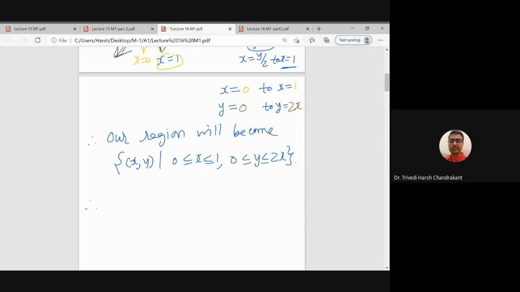So now we integrate the function. The original integral was this one, integral y by 2 to 1 e power x square dx dy.